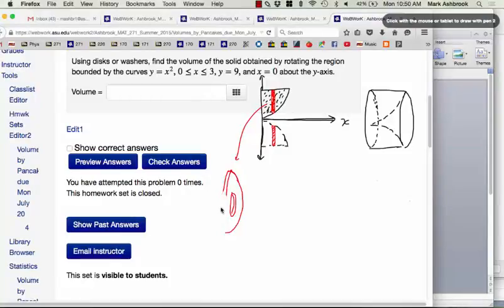It's like a metal washer. Okay, so we've got our metal washer. So we want the volume of a typical washer.